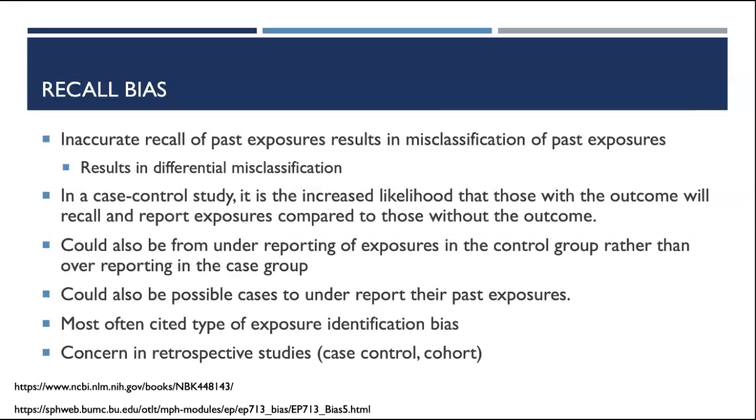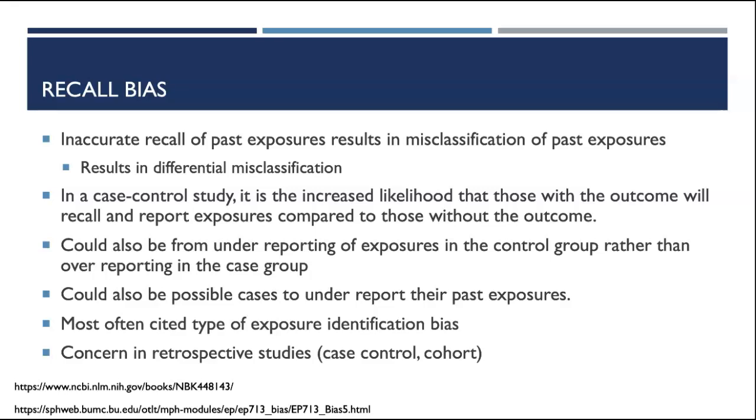The first one we're going to start off with is what we call recall bias, and this is probably something you've heard of before and a term that you've probably used as well. Recall bias is inaccurate recall of past exposures that results in the misclassification of past exposures. It results in what we call differential misclassification, and this is important.